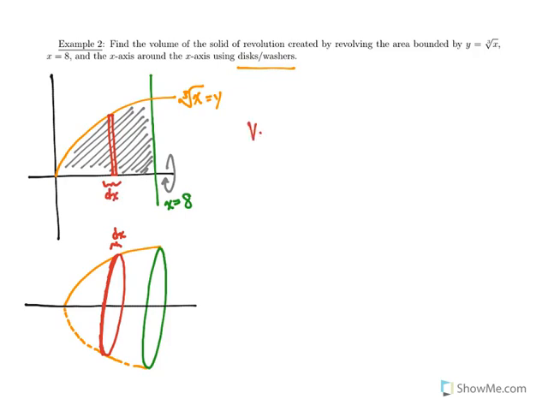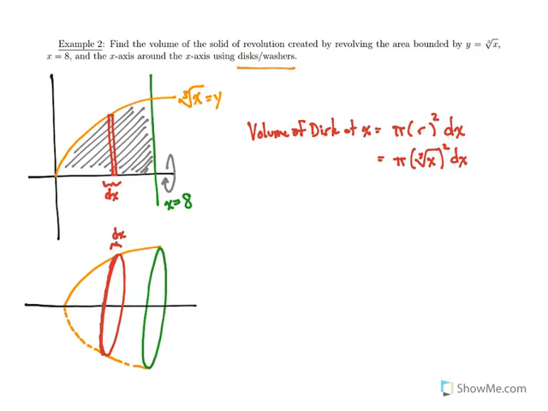And the volume here of a disc at x is going to be pi r squared times dx. And in this case, the r is the cubed root of x squared dx.